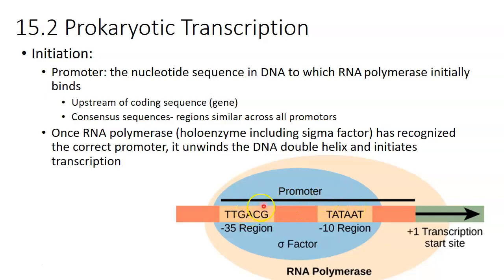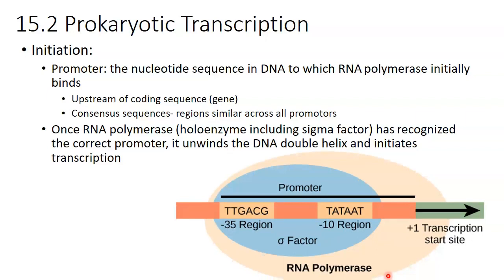These are going to be the regions that draw the RNA polymerase to this site. Here in orange or peach, we've got our enzyme, that's our RNA polymerase. Initiation is when the RNA polymerase binds to the promoter sequence. Now, there are other proteins involved in this binding event.